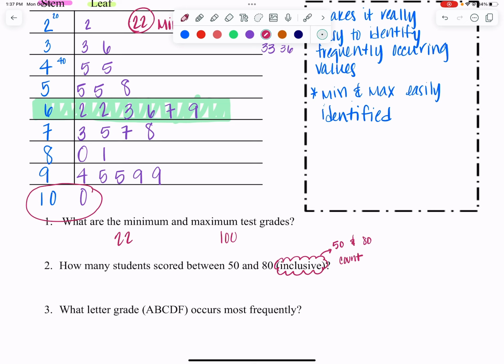So if I want to know how many land in the 50 range, I am going to go to my 50 stem. I have 3 leaves. So I have 3 in the 50 range. Then I'm going to go to the 60 range. It looks like I have 6 in the 60 range.